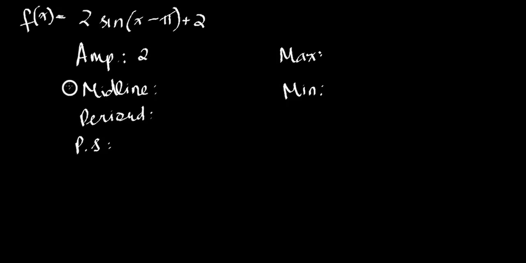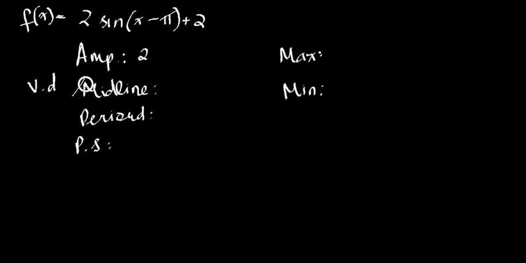The midline is the same thing. You can also call it the vertical displacement. You know how in a regular graph this last value, Q, is your up and down movement, the vertical displacement, a vertical shift.